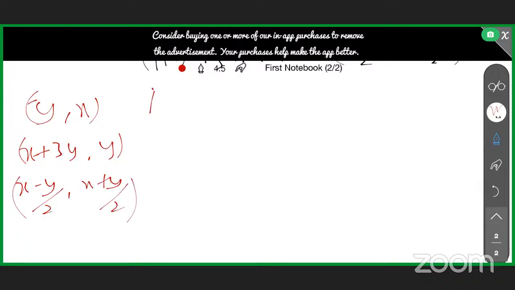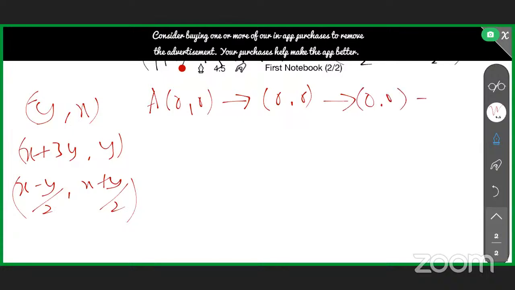So my first point is A (0, 0). This is my x and this is my y. This will get transformed into (y, x), which is (0, 0). Correct? Next, this will get transformed into (x plus 3y, y). X is 0, 3 into 0 is again 0, so (0, 0).